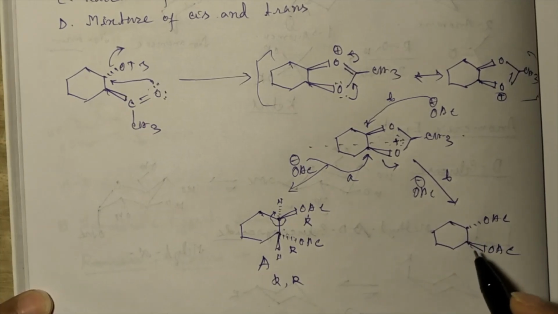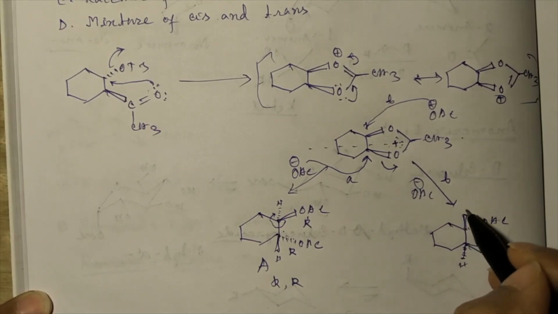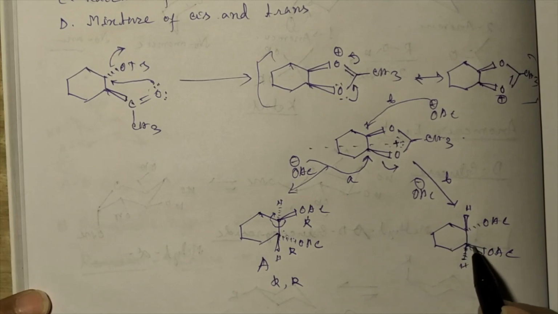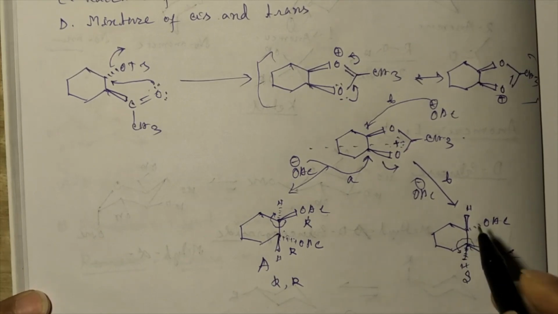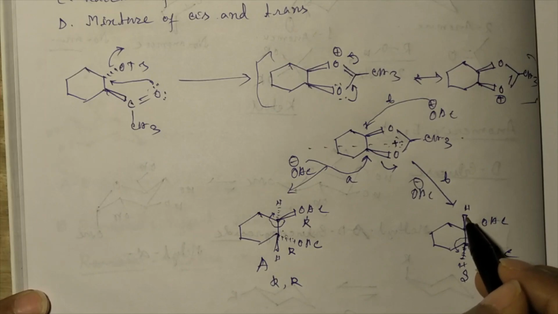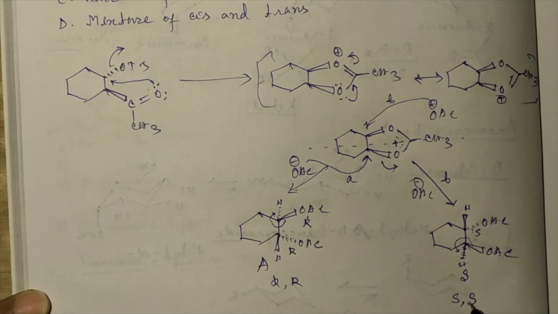And in this compound, here the hydrogen is below the plane, here it is above the plane. So this is 1, this is 2, this is 3. This is anti-clockwise direction, so S. And in this configuration, this is 1, 2, 3, so this is clockwise direction, but the hydrogen is above the plane, so this is also S. So it is SS.